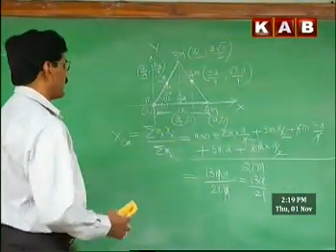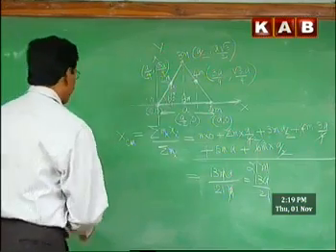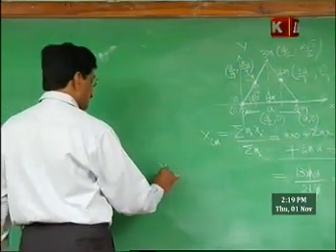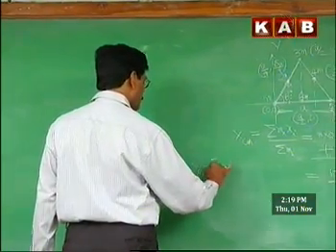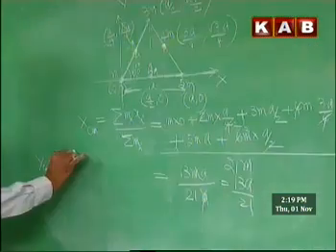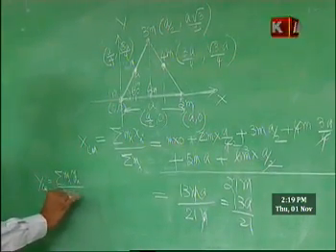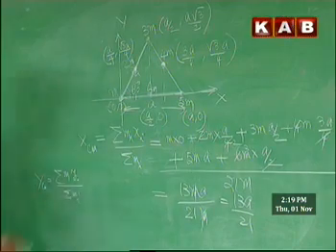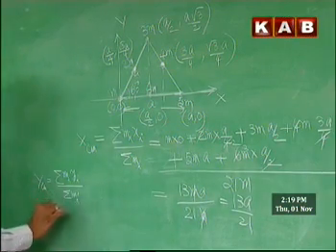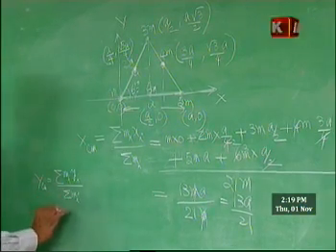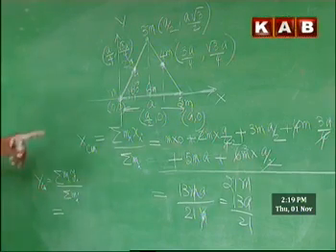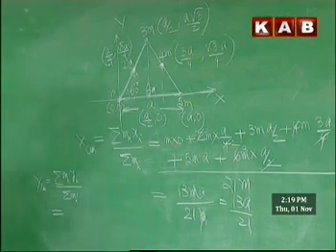Similarly, the y coordinate of the center of mass, we can calculate: ycm is equal to sigma mi yi by sigma mi. This is the formula. From this, we can write m1 y1. m1 is this mass, y coordinate is 0.